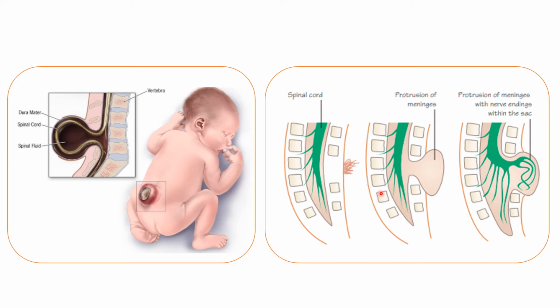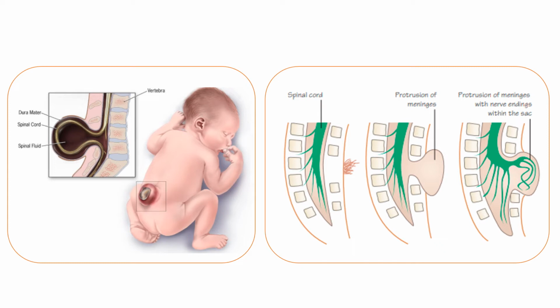spina bifida meningocele, and it's the failure of the vertebra to fuse, and this region tends to be large enough that it allows the meninges of the spinal cord to protrude externally. And of course, in this rightmost image, you have a more severe case.